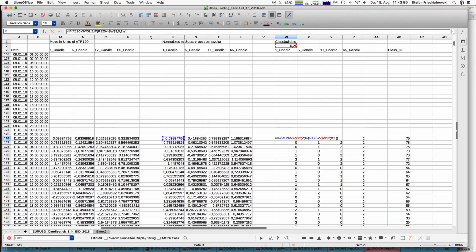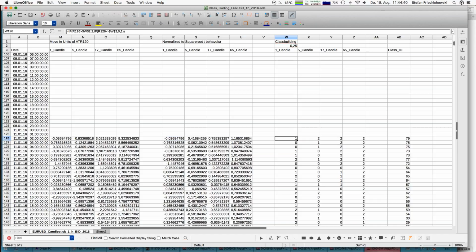If my movement is higher than this threshold value, then I assign a 2, so class number 2 for that number. If my normalized movement is smaller than minus that class building number, then I assign a 0 to that value. And if it's something in between, it goes for 1.